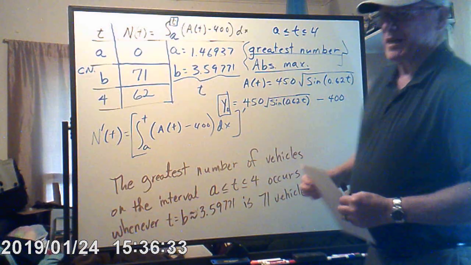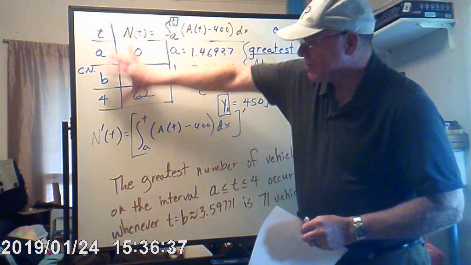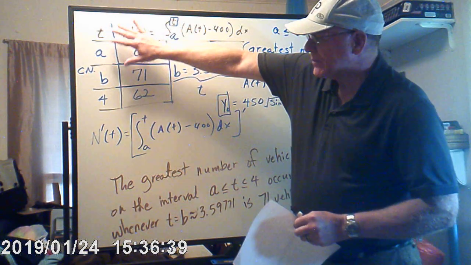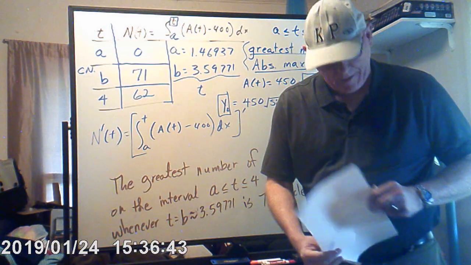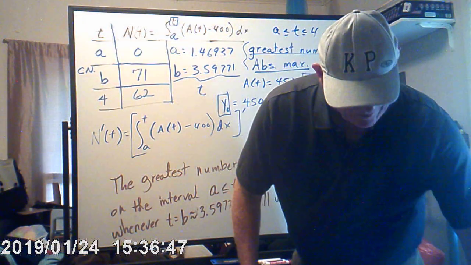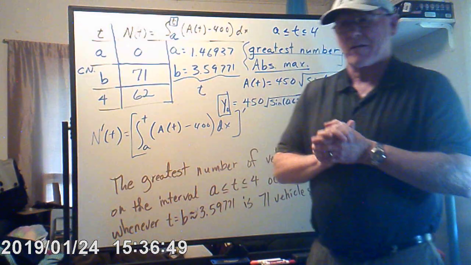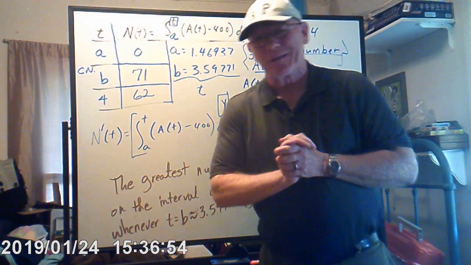Just to recognize that this is a candidates problem. That's what I mean by candidates. We got the endpoints. This is EVT. You will see that quite frequently. I imagine by now you've already taken your AP Calculus exam. If not, at least you have this one to look at before you take it.